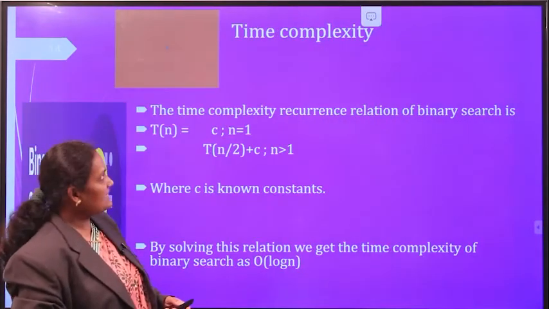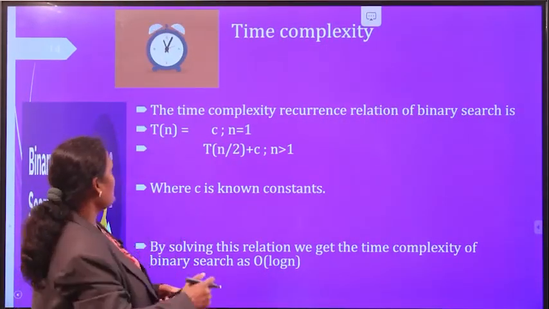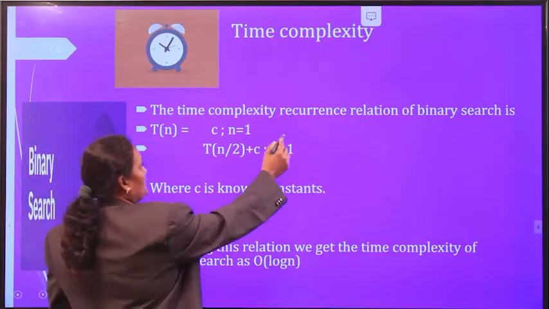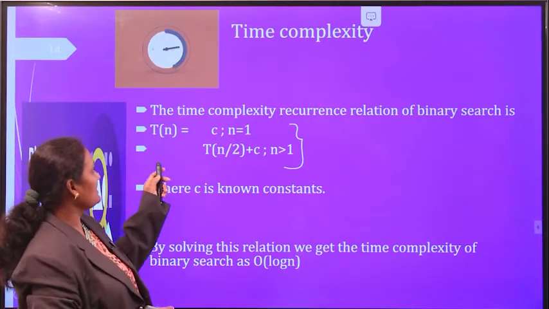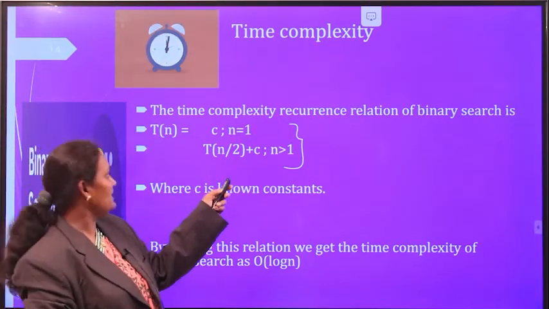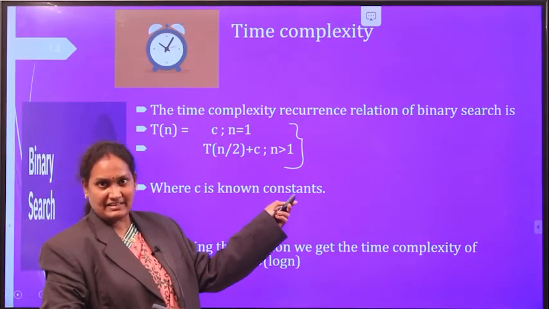Now let us see the time complexity of binary search. The time complexity recurrence relation for binary search can be represented as T of n is equal to C when n is equal to 1, and T of n by 2 plus C when n is greater than 1.